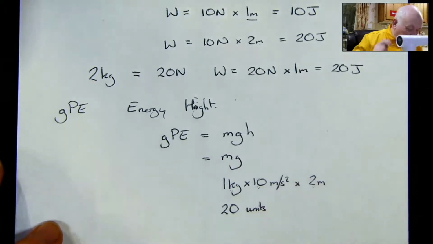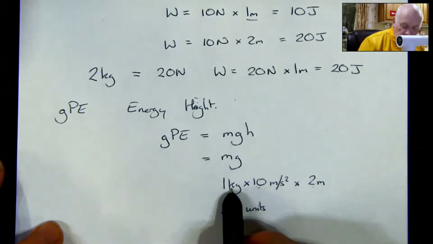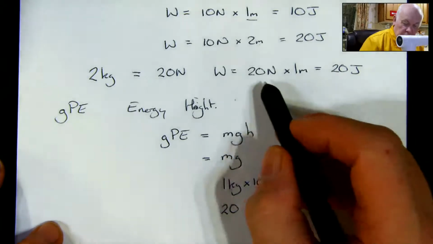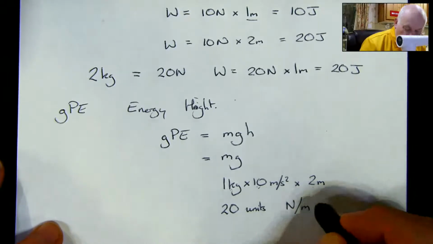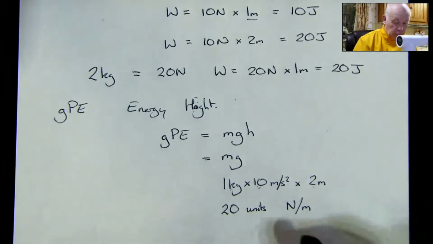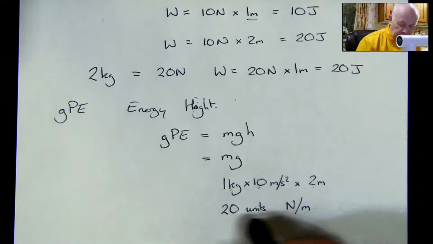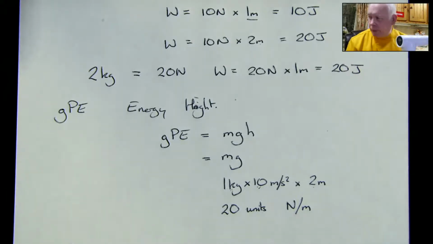And what are those units going to be? Well, we know that our kilograms times our meters is going to give us newtons. So this is measured in Newton meters. So we've got this unit of energy, gravitational potential energy, in Newton meters. Let's see what happens when we let go.